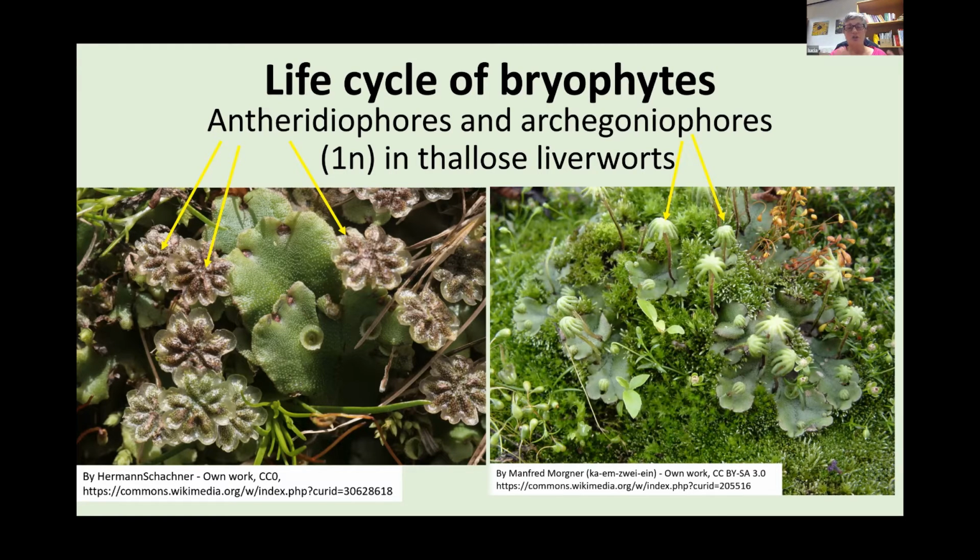They actually have structures which serve the function of elevating the antheridia to a slightly higher altitude to allow for wider spreading of the sperm. And these structures are called antheridiophores, and they're really visible in this species, which is Marchantia polymorpha.